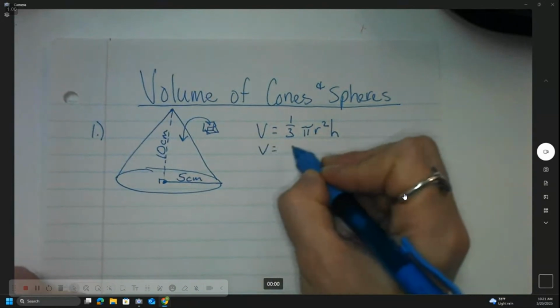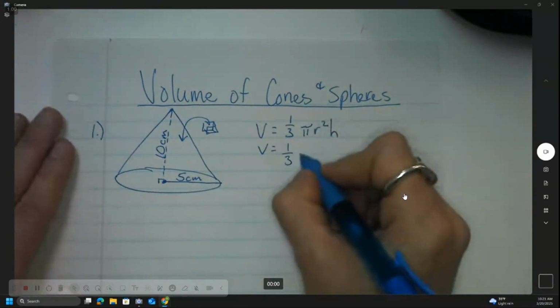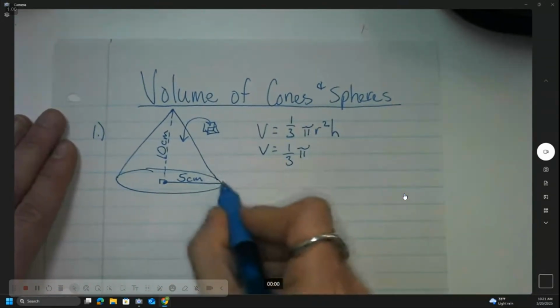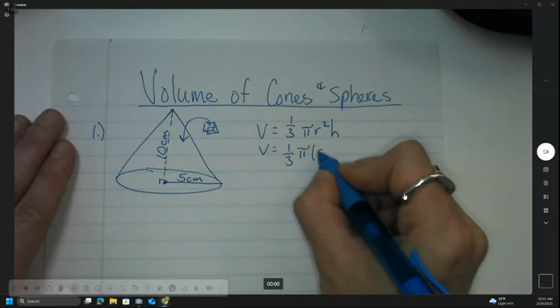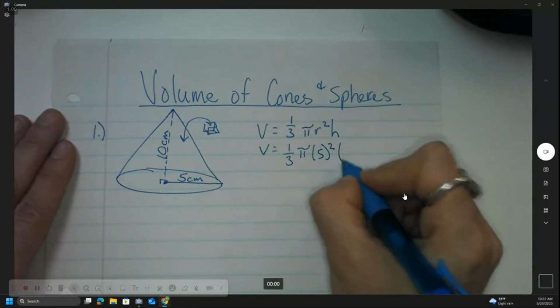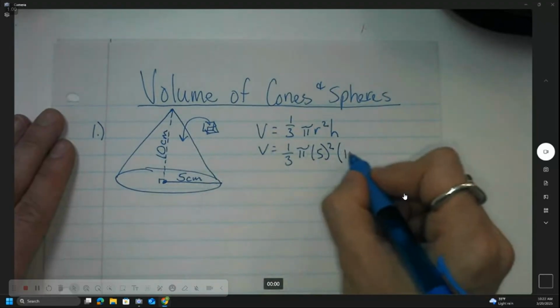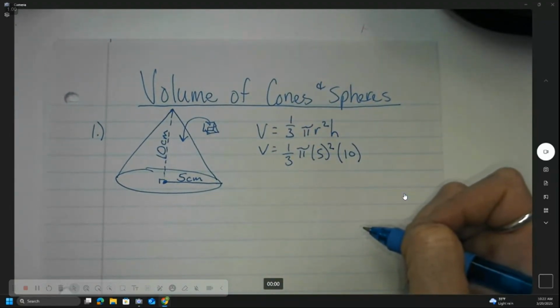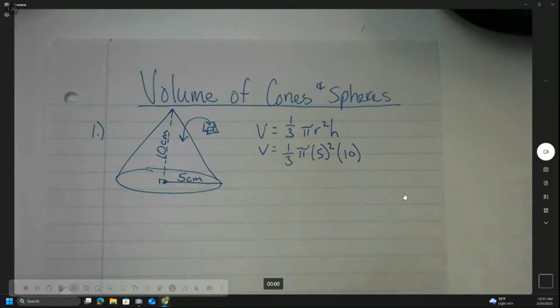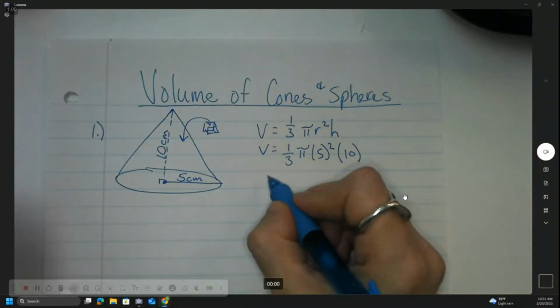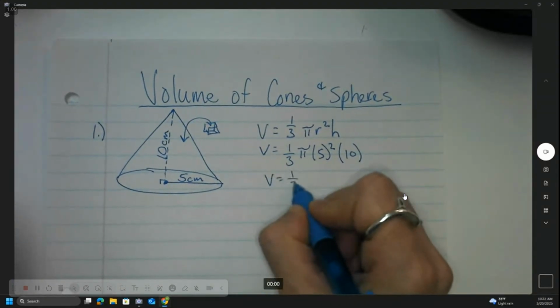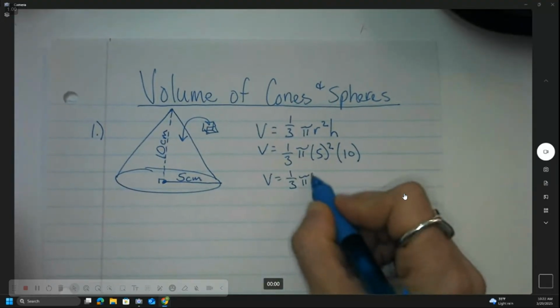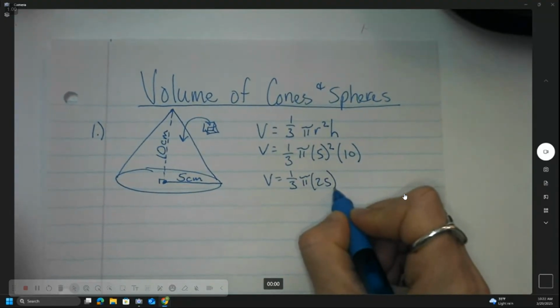Let's use substitution. 1/3 times pi times the radius, which is 5, squared, times the height of the whole cone, 10. Solving the order of operations, you need to solve for exponents first. 5 squared is 25. So now we have 1/3 times pi times 25 times 10.